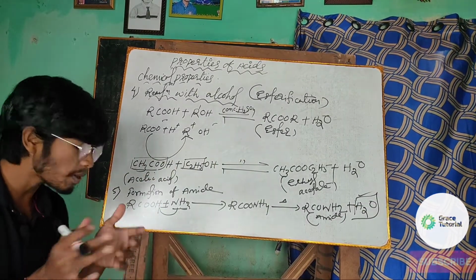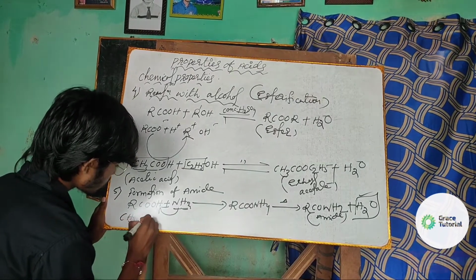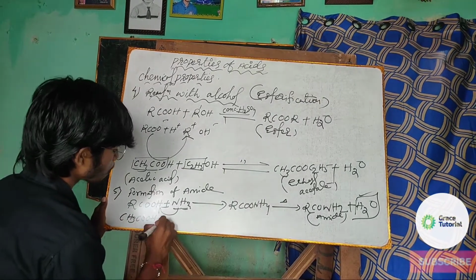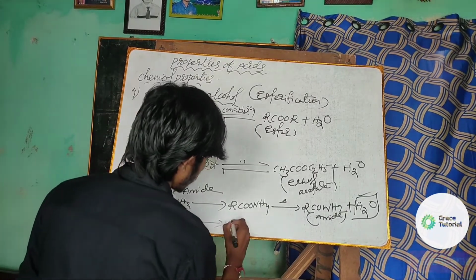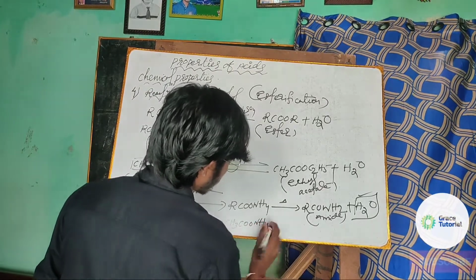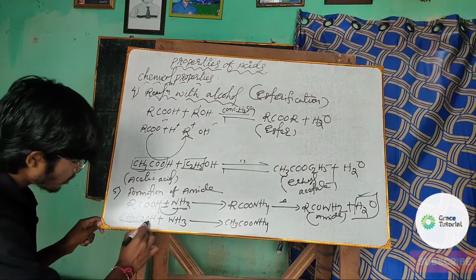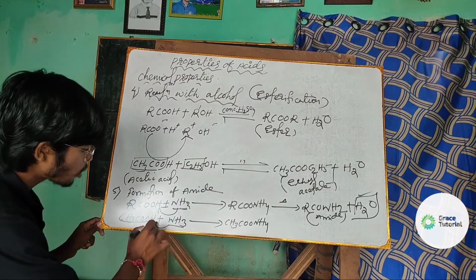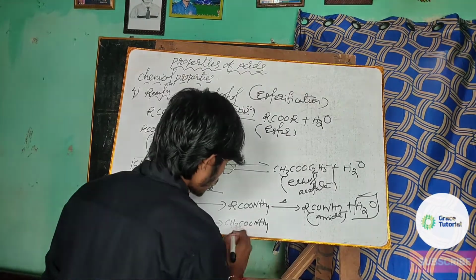Let me give you the specific example. Here we have acetic acid, CH3COOH. When this acetic acid reacts with ammonia, then it gives CH3COONH4. Look here, the CH3COO and NH3 and 1H, that is NH4. So CH3COONH4. What's the name? Ammonium acetate.